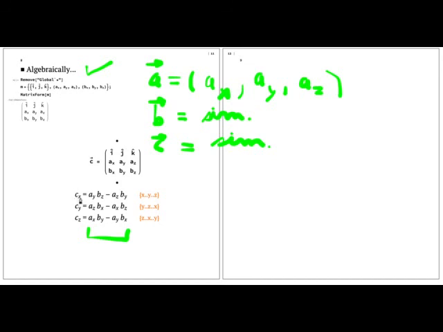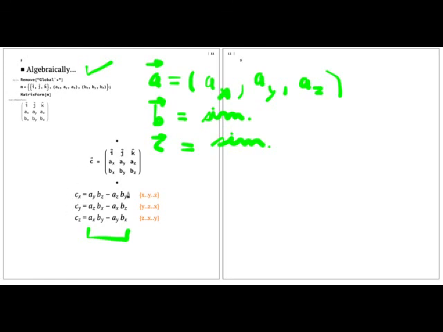You can sort of see here the order of the indices. Here is XYZ, XYZ. Here is YZX, YZX. Here is ZXY, ZXY. So they're kind of cyclic permutations of X, Y, and Z.